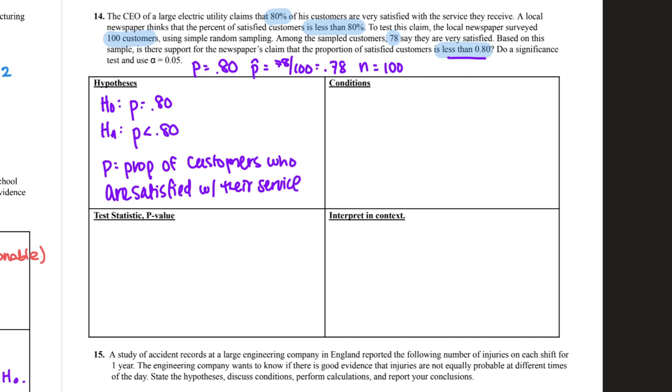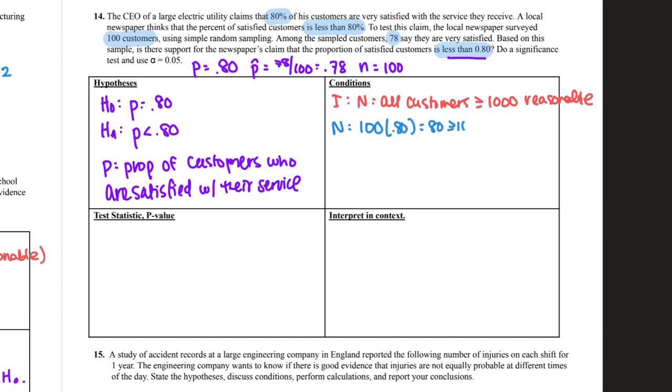All right, so now let's check our conditions. So the independent condition for proportions, big N, is going to be all customers. That's greater than or equal to 1,000. That's definitely reasonable. The normal condition, so we're going to do n times p, so 100 times p, that's 80.